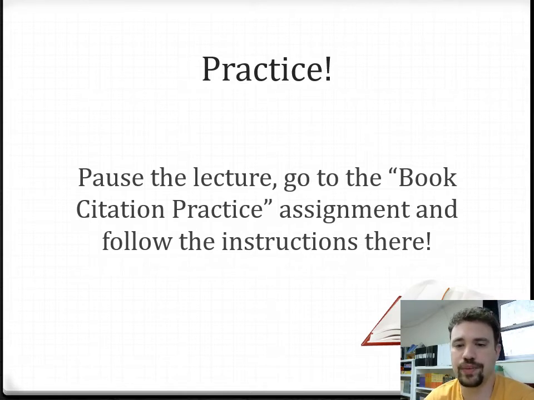So if you pause the lecture and then go to the book citation practice assignment that is in the research paper writing module on the home page, scroll down there, click on that, and follow the instructions there to do a quick practice citation with a book. I've included some pages from Treasure Island with the publication information so you can create a citation for it. So go there, do that, and then come back here and we will continue on with talking about other types of citation.